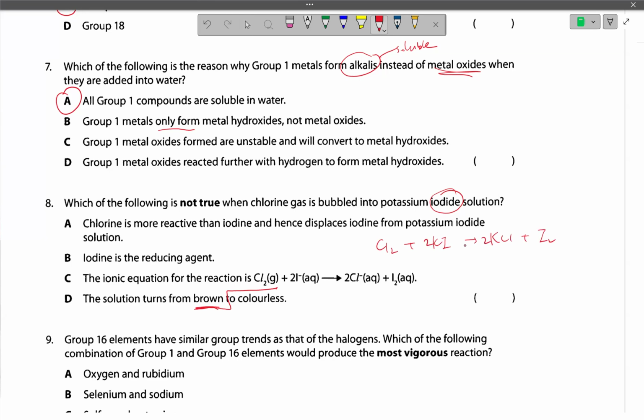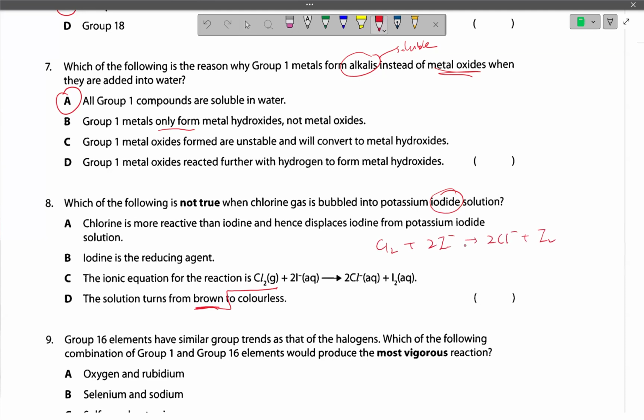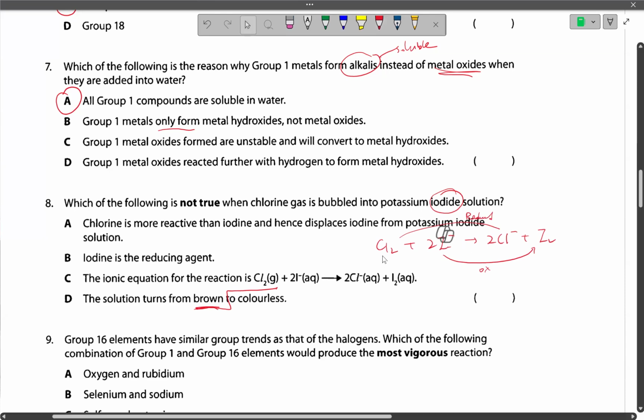If I write the ionic equation, 2I- becomes I2 and Cl2 becomes 2Cl-. What happened is that iodide is oxidized and chlorine is reduced. The chlorine gains electrons and gets reduced, and the iodide loses electrons and gets oxidized.